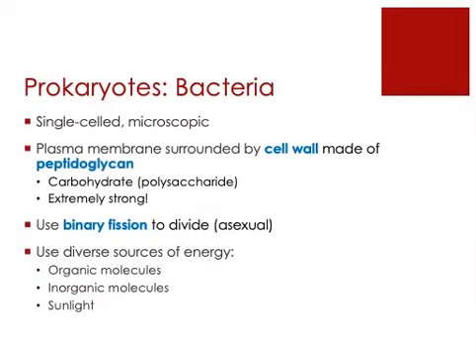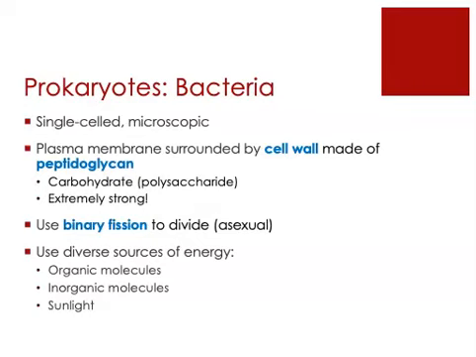When we think about the bacteria, though, we note that the plasma membrane is surrounded by another layer of material, what we refer to as the cell wall. So around the plasma membrane, there is a material, a carbohydrate called peptidoglycan. And peptidoglycan makes up this structure that we call a cell wall.